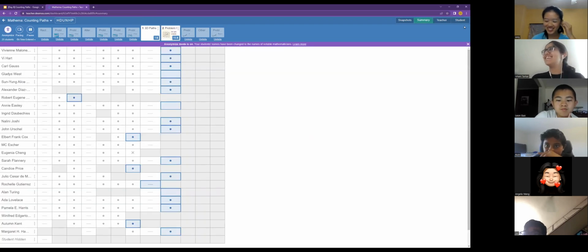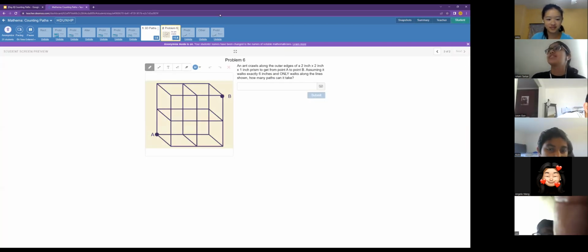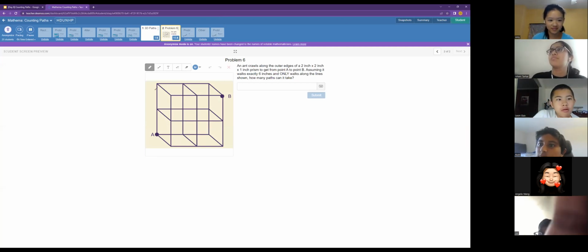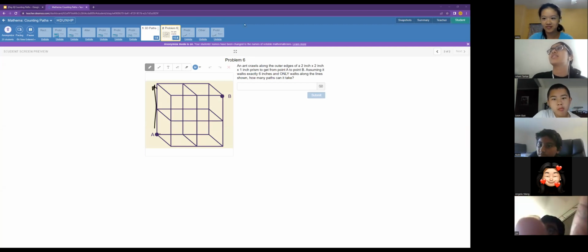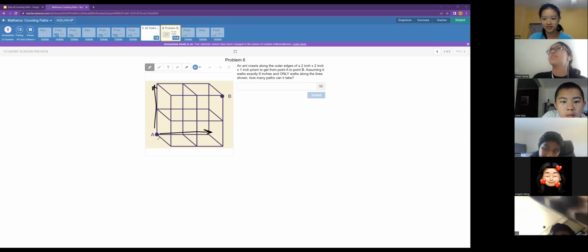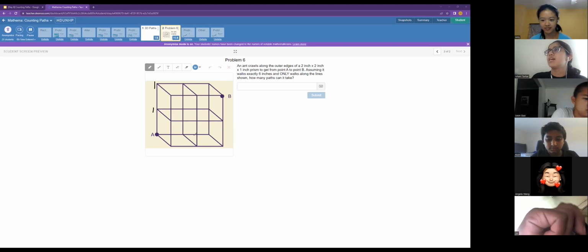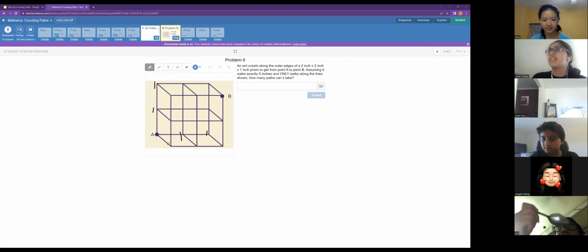Okay, shall we explain now? Remember everyone, we want to number the vertices that are directly connected to A, that are on the same edges that A is on. So we would label this one, this one, this one, this one, and this one.